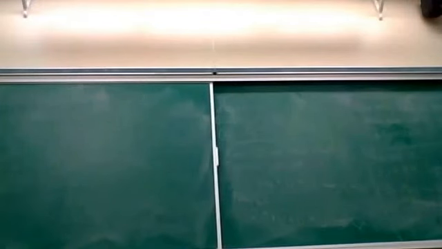What we're going to do is compute their dot product, and we're going to have to use the properties of the dot product. So let us compute U plus 2V times U minus 2V.